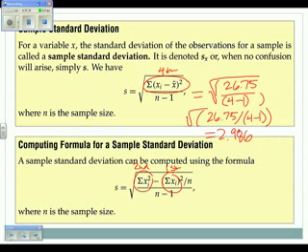Okay, and then if we did this bottom formula, the sum of x squared, this is very much order of operations. When there aren't any parentheses, that's saying we want to square first, because multiplying, squaring, and dividing all take precedence over adding and subtracting.